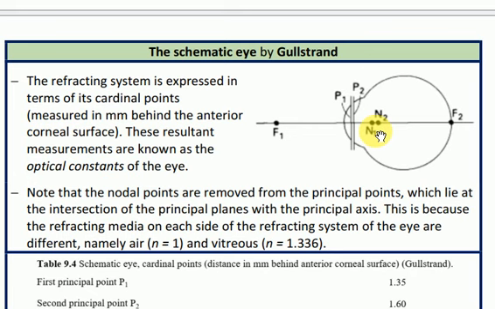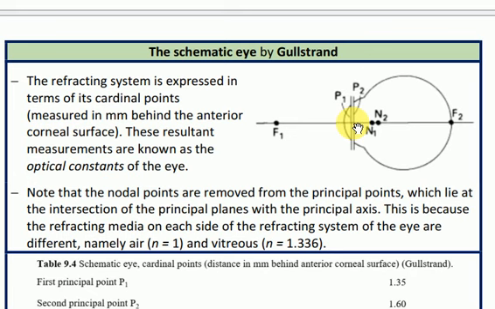calculated by Percival in 1928. Note that the nodal points, via which rays of light pass undeviated, are removed from the principal points, which lie at the intersection of the principal planes with the principal axis.